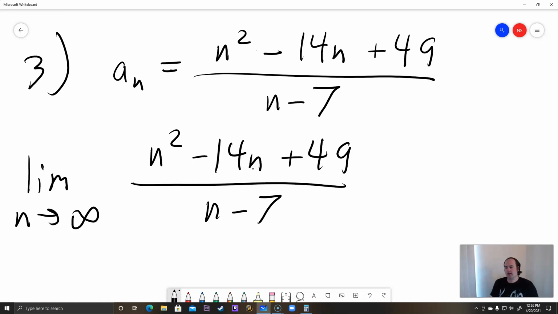Again, the way My Math Lab does it is very strange. They use epsilon and delta, which we're not going to do. That's just too complicated and unnecessary for just calculating a limit.